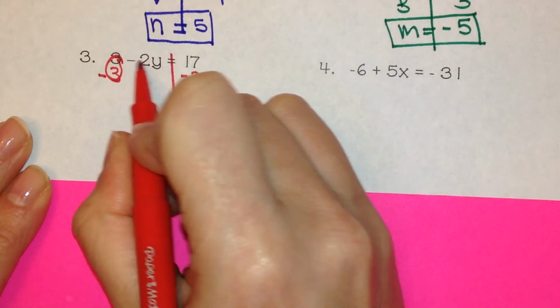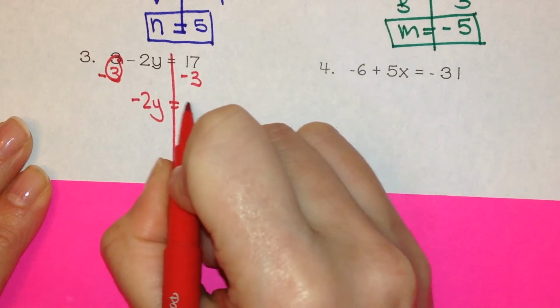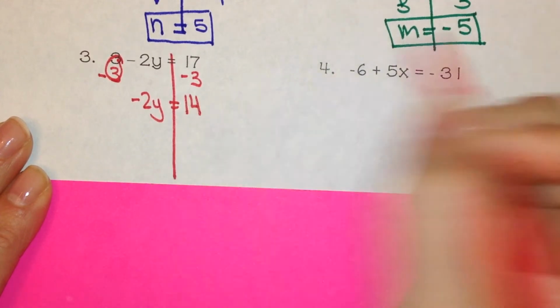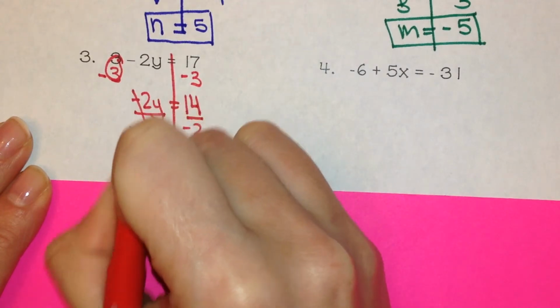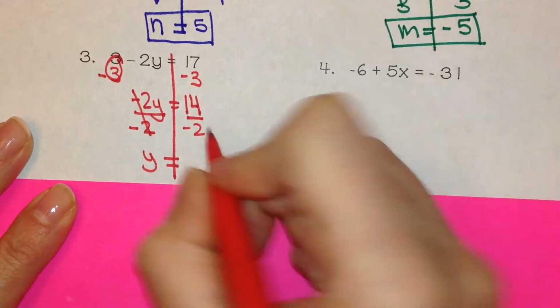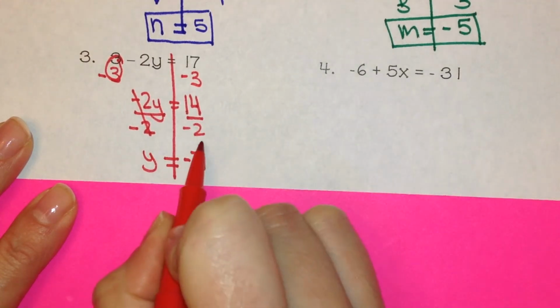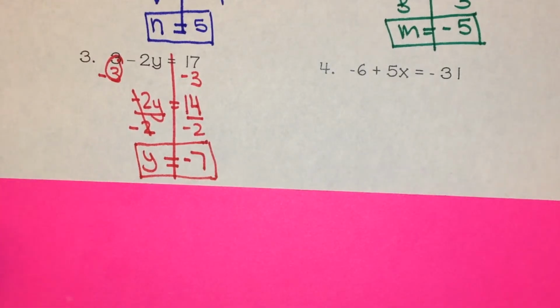Bring down that negative 2y equals 17 minus 3 leaves me with 14. Divide both sides by negative 2. Negative 2 divided by negative 2 is 1, so I'm left with y equals negative 7. And again, hopefully you checked your work by plugging it back into the problem.